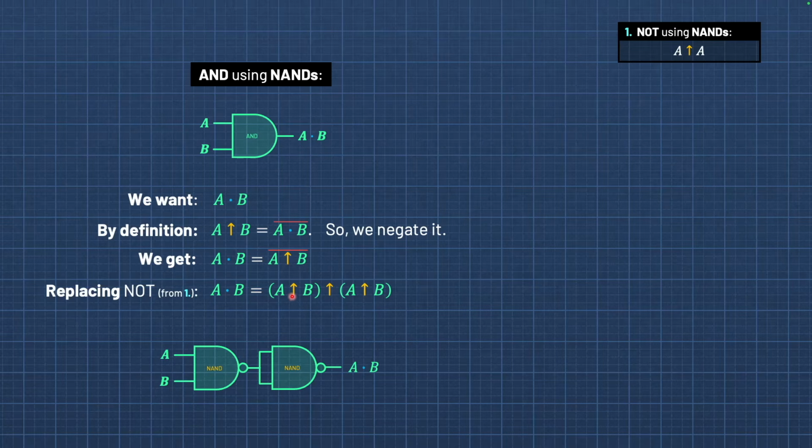So I get A NAND B, and I NAND this result with itself. So this big NAND is this inverter right here that I have, right? And the result is A and B, the truth table of the AND gate.